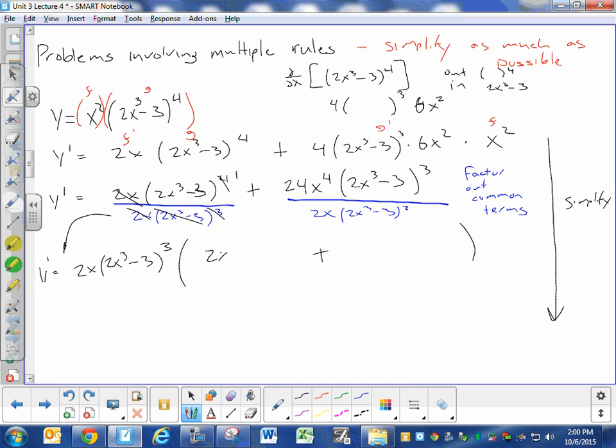So I just have 1 (2x cubed minus 3). I can write that to the first power if I want to, or I don't need it. And then after I factor this out, these (2x cubed minus 3) cubes will cancel with those. And then I'll turn into 12 when I go 24 divided by 2. And instead of x to the fourth over x, it'll be x cubed.